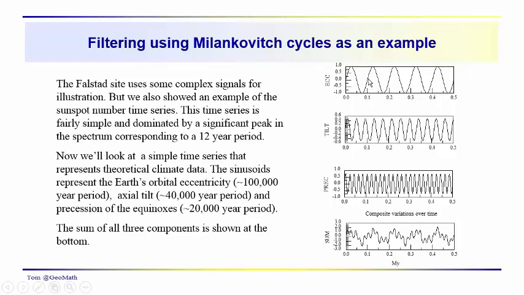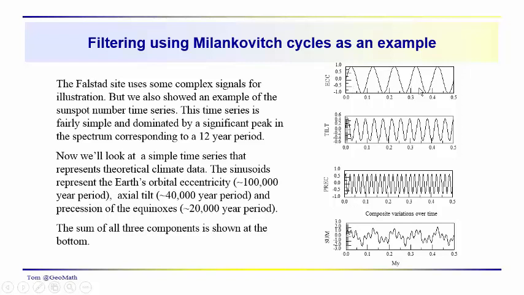We can put cycles in with 100,000 year period. So this is in millions of years. 100,000 years would be 0.1 million years. The tilt, varying around 40,000 years. And the precession, somewhere around 20, a little less than 25 here.